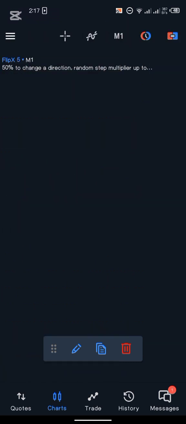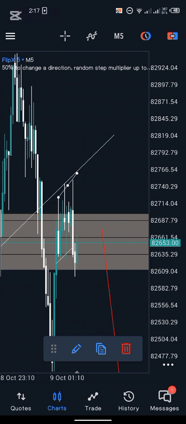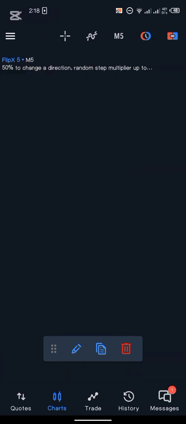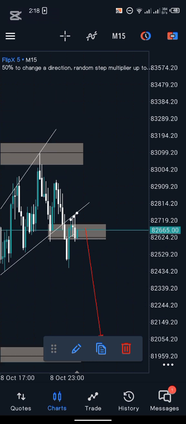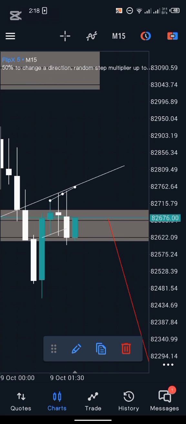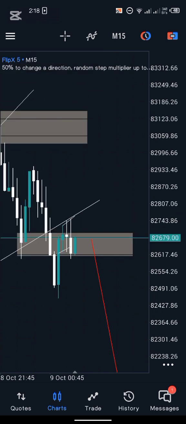So far, how many signals do we have? We have, I think, at least 4 or 5. We have 3 white soldiers on the 1 minute chart. On the 15-minute chart, we also have 3 white soldiers, as you can see there.